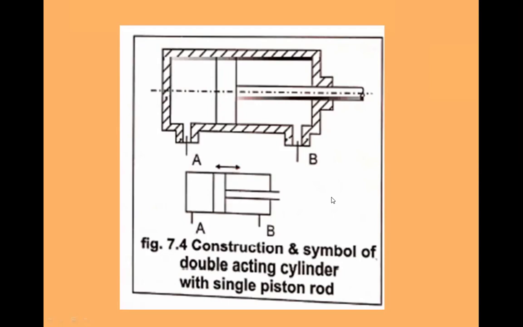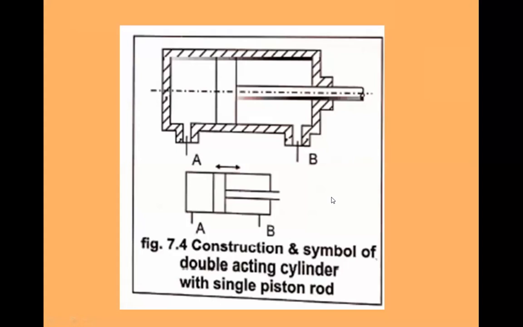But in certain applications, such as feeding of a machine table in machine tools, they demand motion to be transmitted on both sides simultaneously, in the left side also and in the right side also.